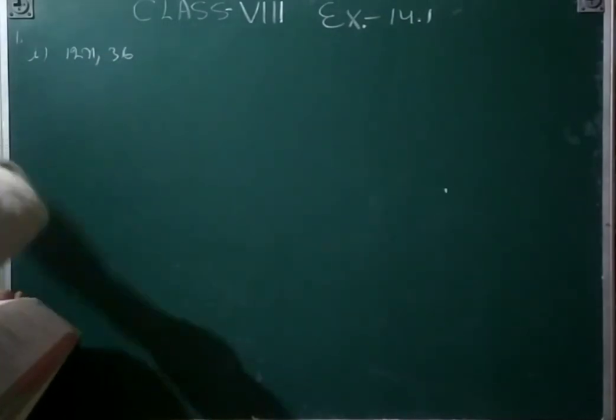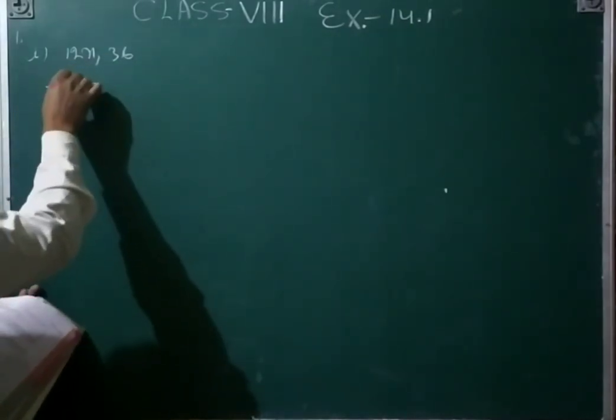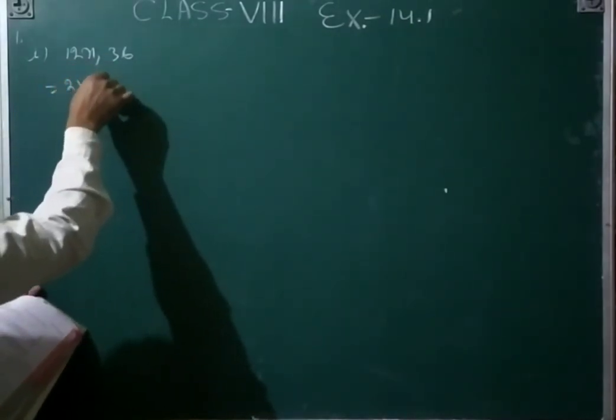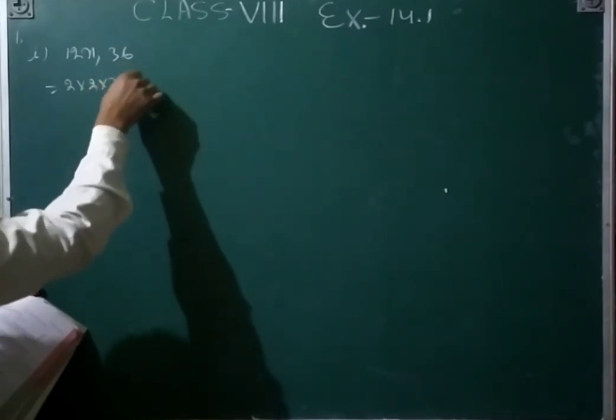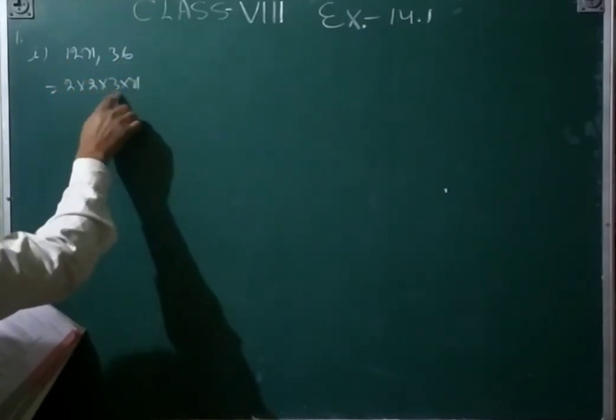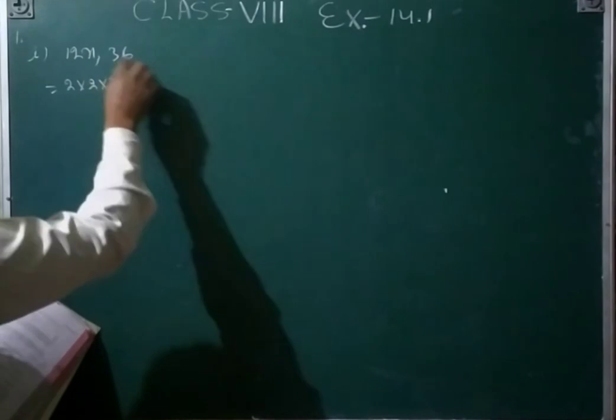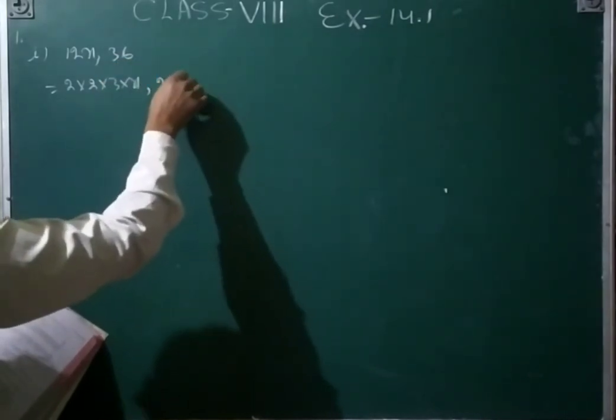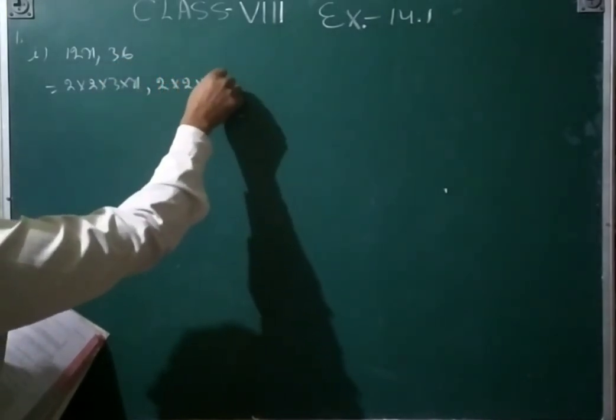First of all, we will write 12 as 2 into 2 into 3 into x, and 36 as 2 into 2 into 3 into 3.